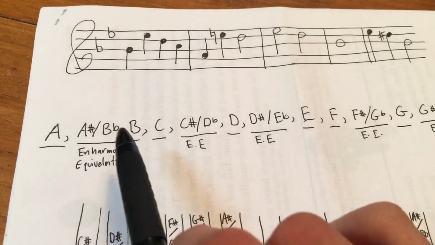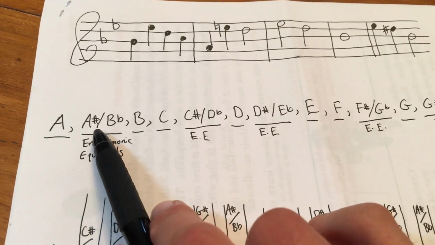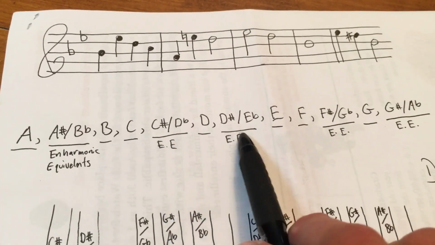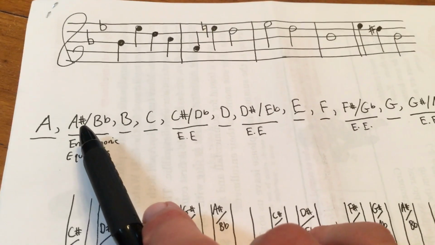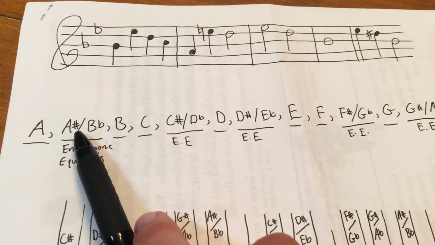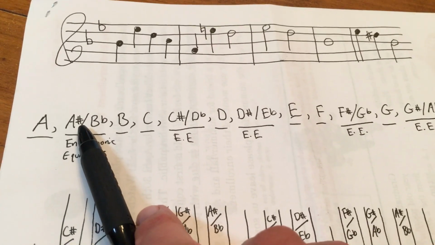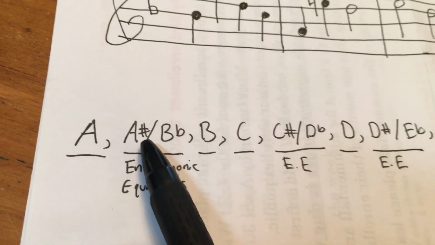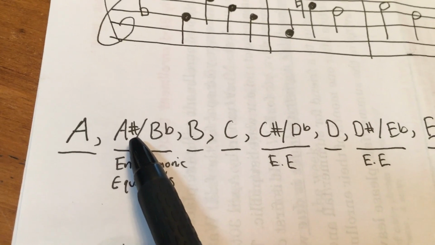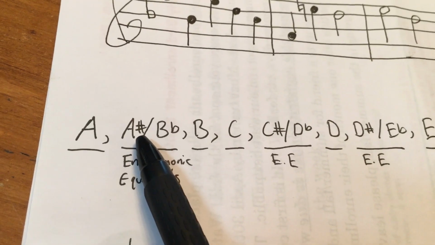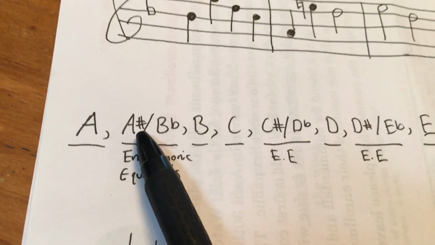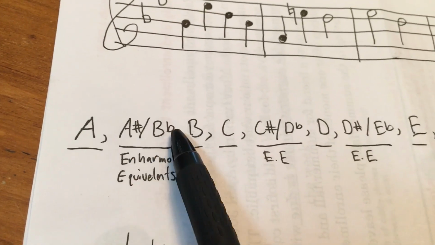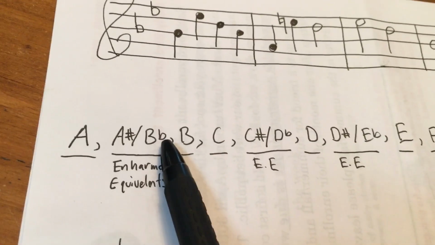Now, however, between those letters, we have different things that exist in them. Whenever you see a sign that looks like that, it's a pound sign, but nowadays people like to call it a hashtag. That means sharp in music. Whereas the little b means flat.